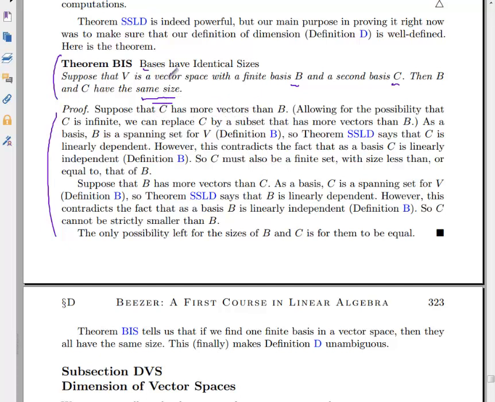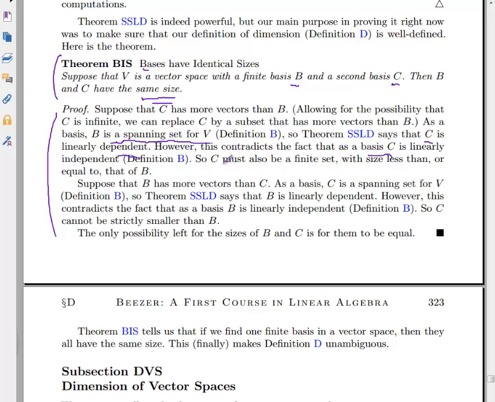So let's suppose that B and C don't have the same size, and that C has more vectors than B. Now we know that B is a spanning set for V, and that means that C must be linearly dependent. But we said that C was a basis, so that's a contradiction.